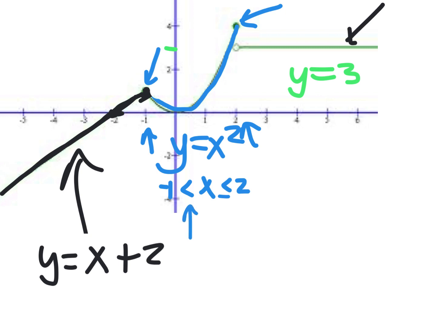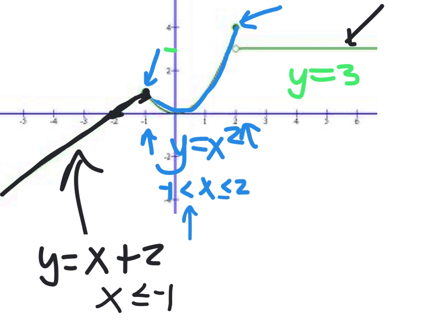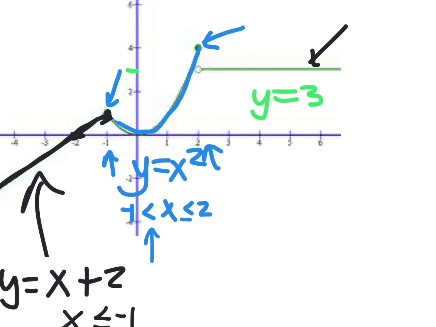There's no or equals here on the -1, because this one owns the -1. And this one exists at -1 and everything less than -1. And then the green one, it exists only when x is bigger than 2.